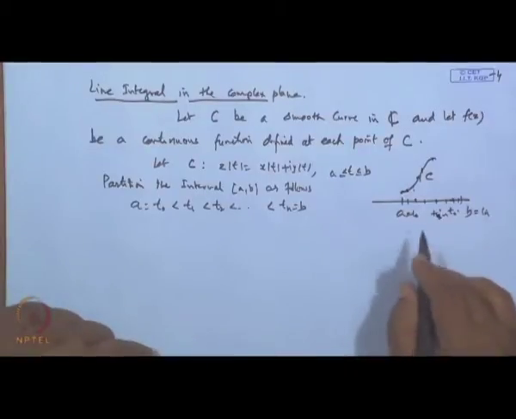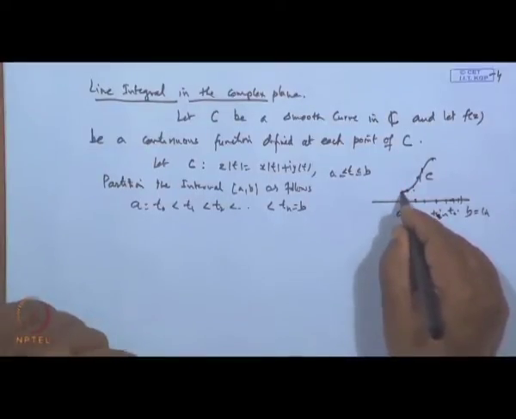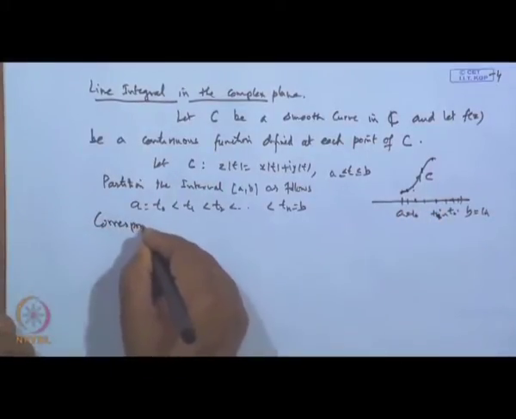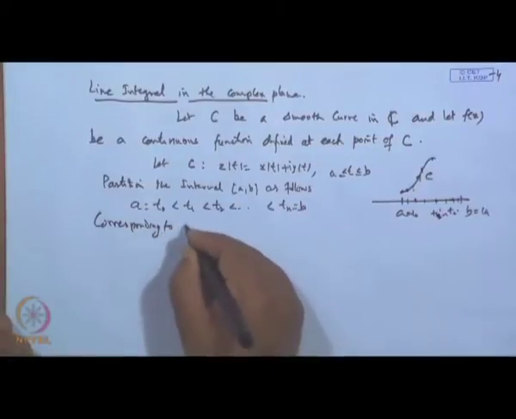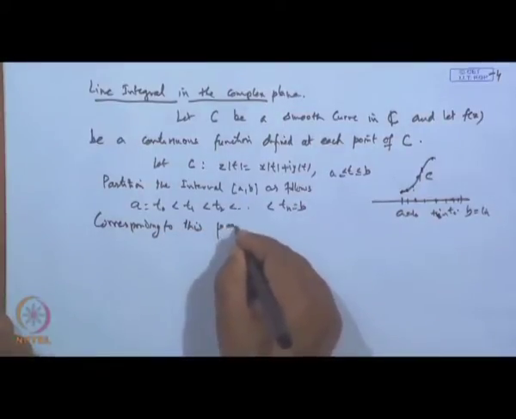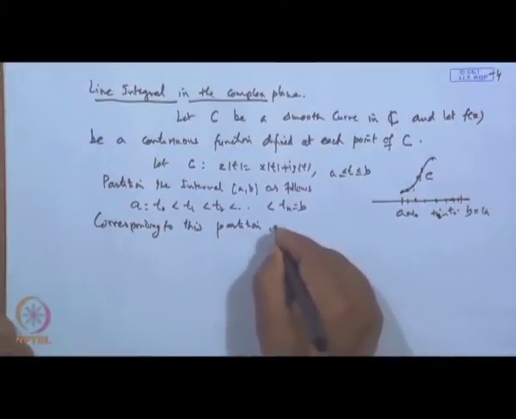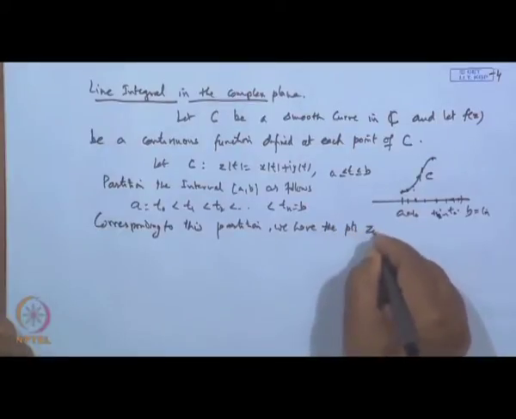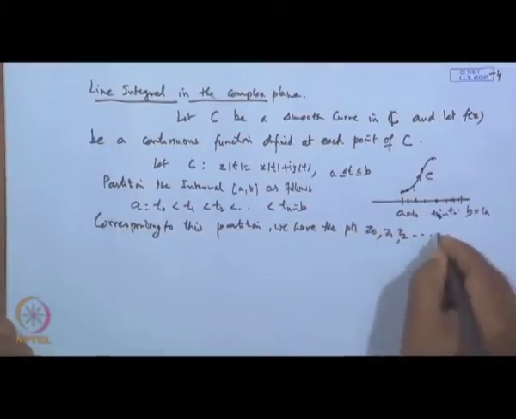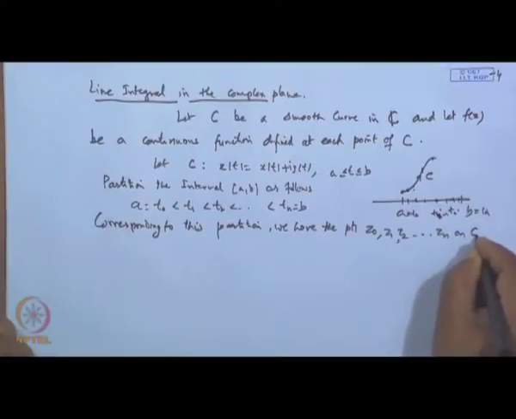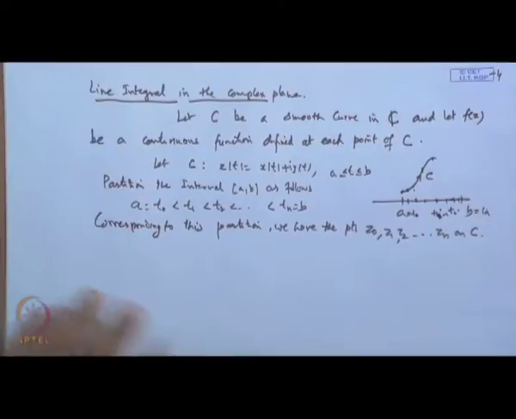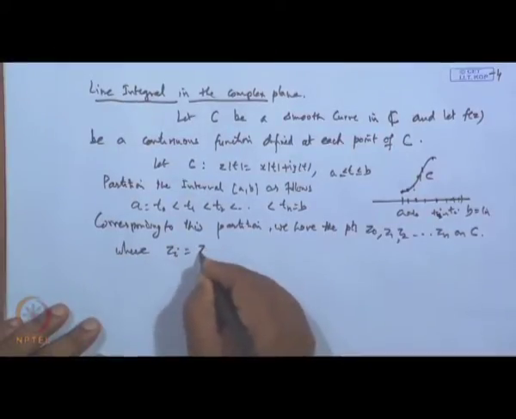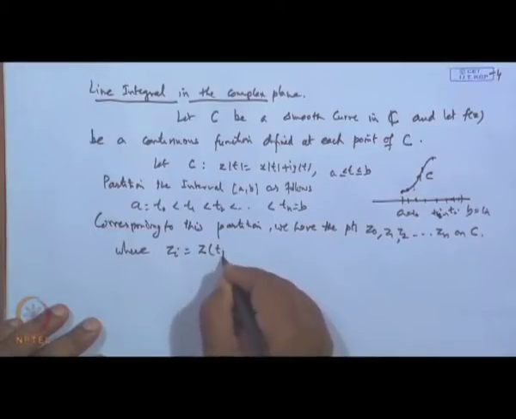So corresponding to this partition, we have the points z0, z1, z2, up to zn on the curve C, where zi means the value of z at the point ti.